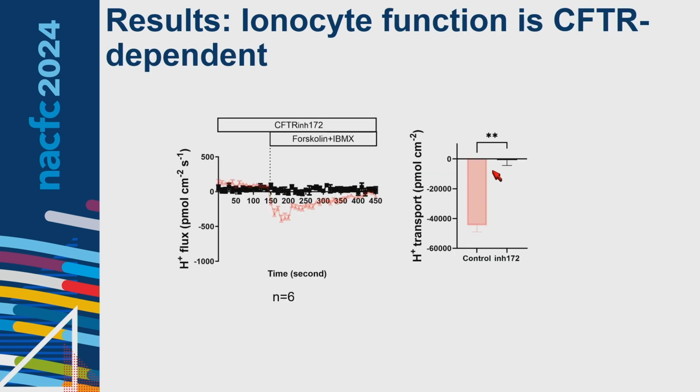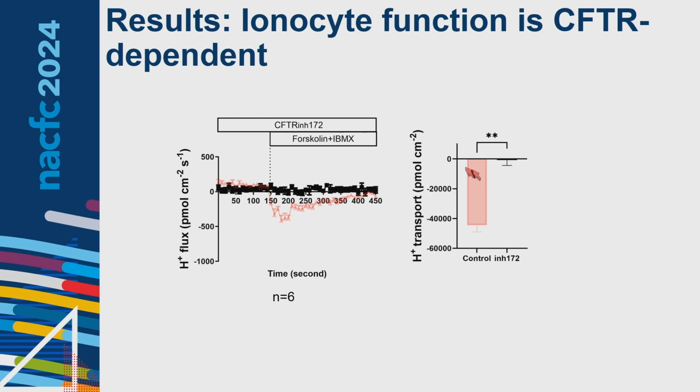And then we wondered what happened in CF tissue. If CFTR is not working, we incubate the native swine distal airway tissue with CFTR inhibitor 172. And we find that if we block the CFTR channel, as expected, forskolin and IBMX didn't stimulate this CFTR-dependent pulmonary ionocyte function.